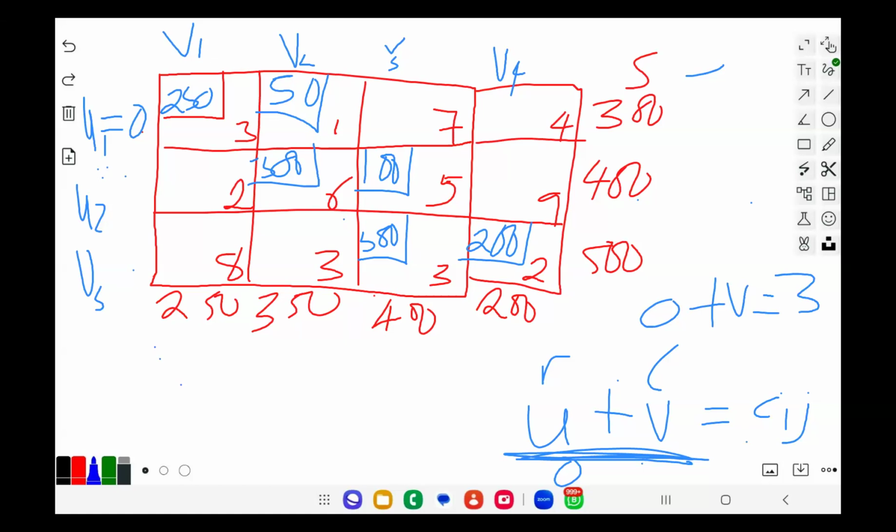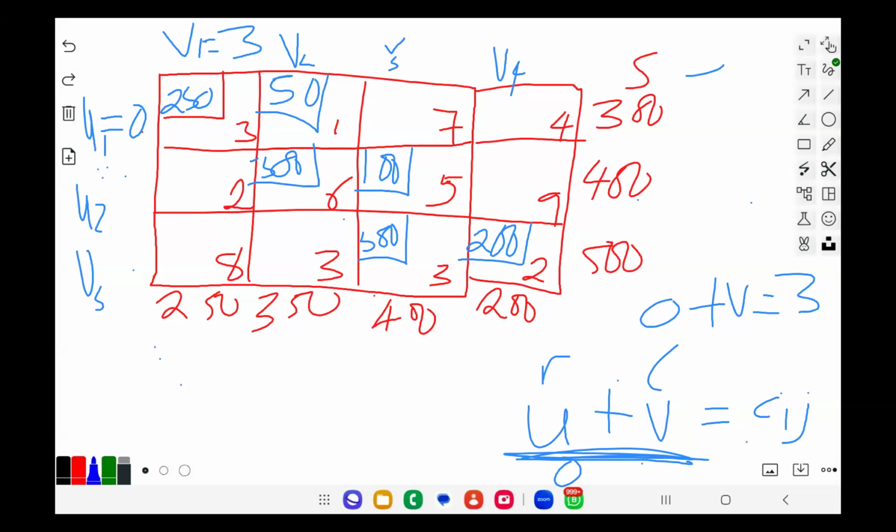So what should be the value of V, if U is equal to 0, for us to get 3? It is supposed to be 3, so that 0 plus 3 is equal to 3. Is that clear?